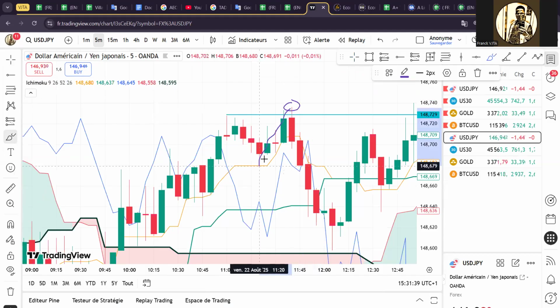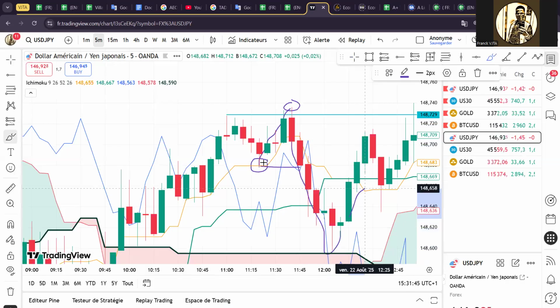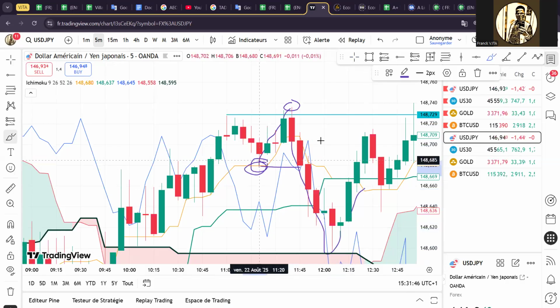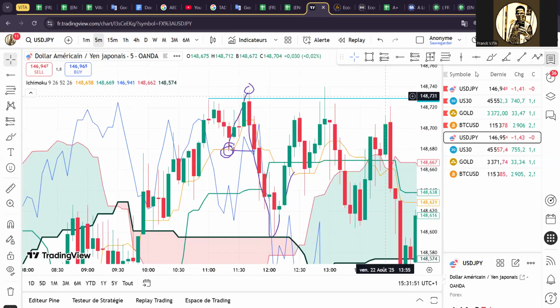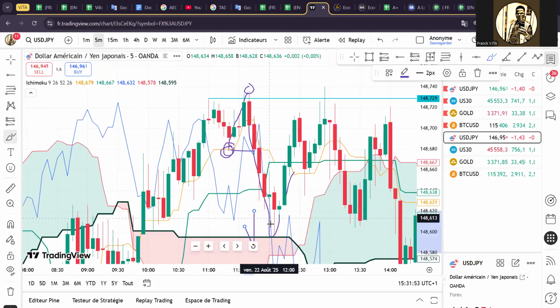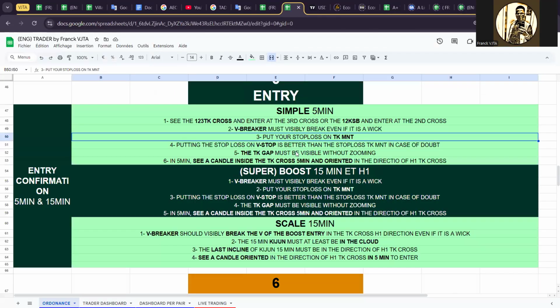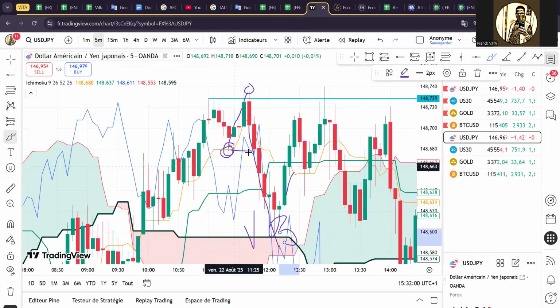But it has been created by this other week, this bottom. But this V came and broke this previous week. So this one is a V breaker. That's what I'm talking about here in the document. It broke it to the downside.